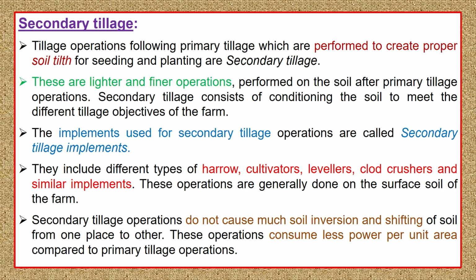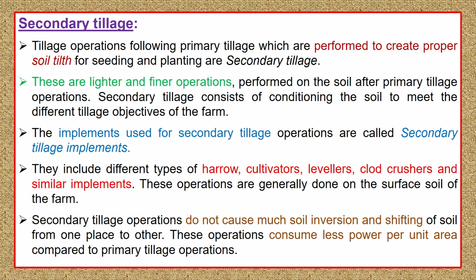So secondary tillage consists of conditioning of the soil, as I told you: leveling, packing of soil, crushing of clods, and collection of weeds, and so on. They all are called conditioning of the soil, prior to the sowing of seed. So any kind of implements which are used for this lighter operation in order to condition the soil are called secondary tillage implements.